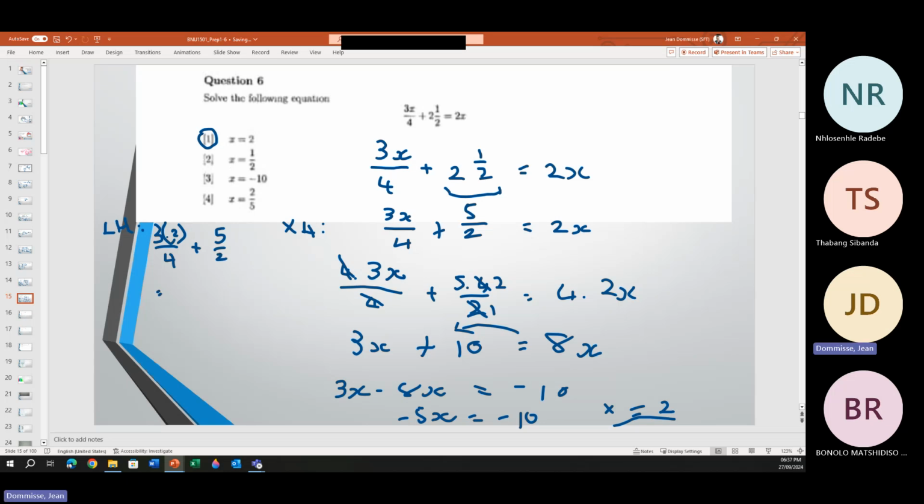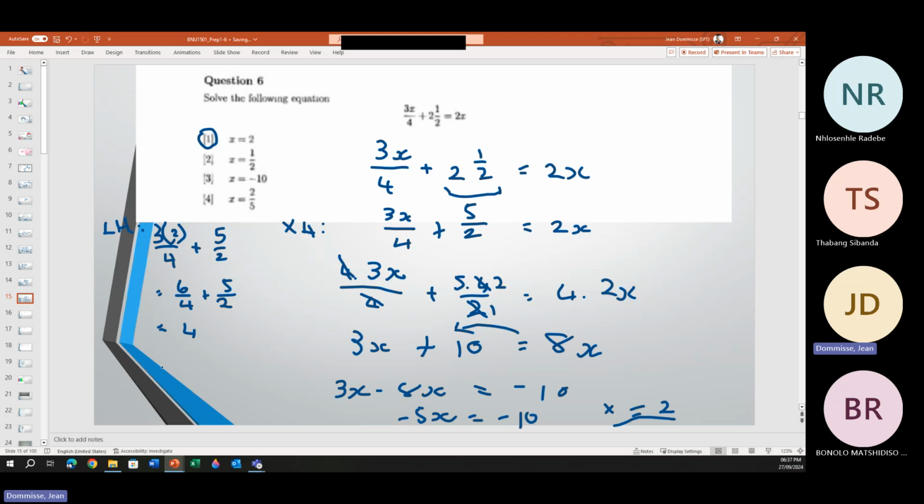So that is 6 over 4 plus 5 over 2. If you add those two together, 6 over 4 is 1.5, 5 over 2 is 2.5. So that will equal 4.